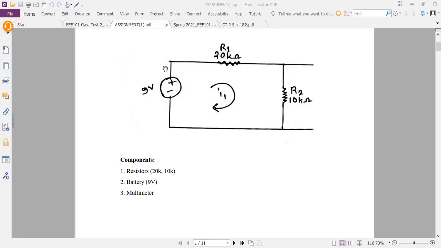Is it okay? Any other question? Sir, how many days will we get to complete the assignment? Okay, because you need to understand all the theories, otherwise you cannot do it.